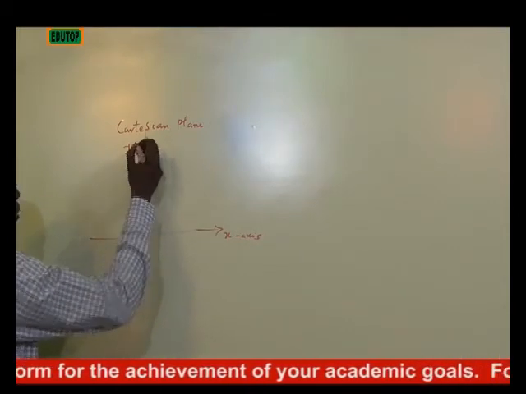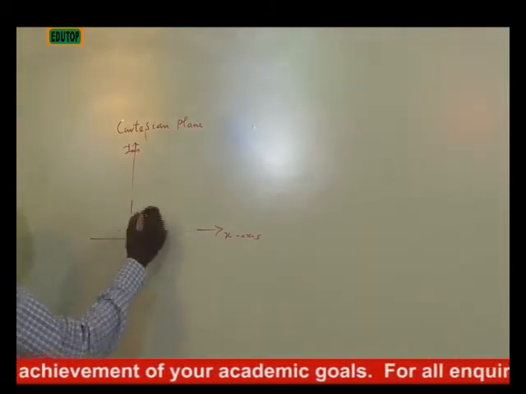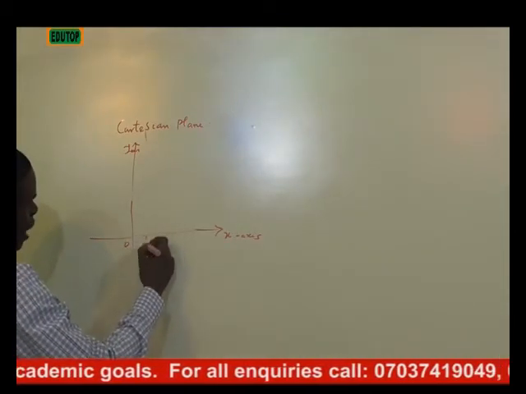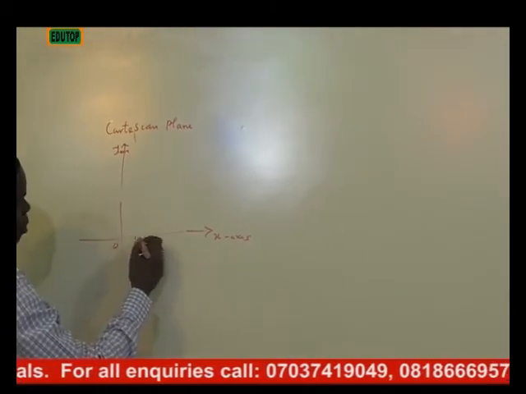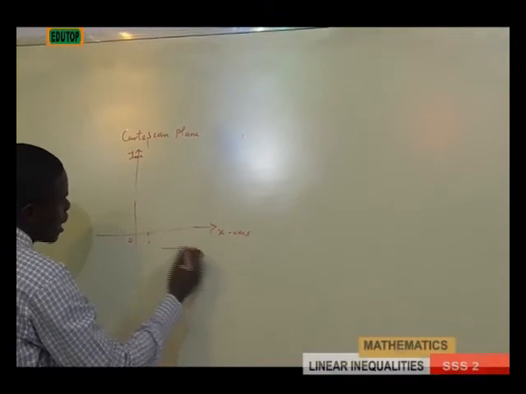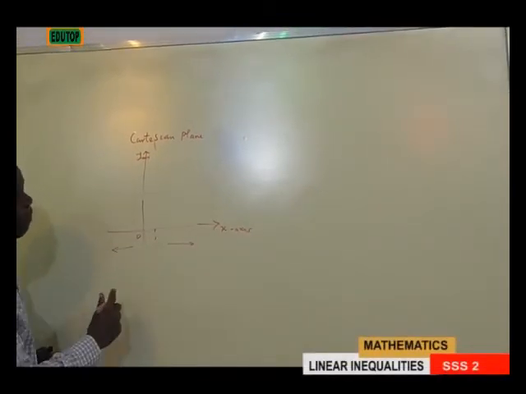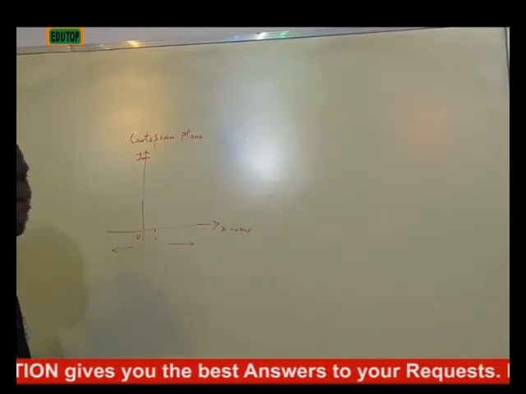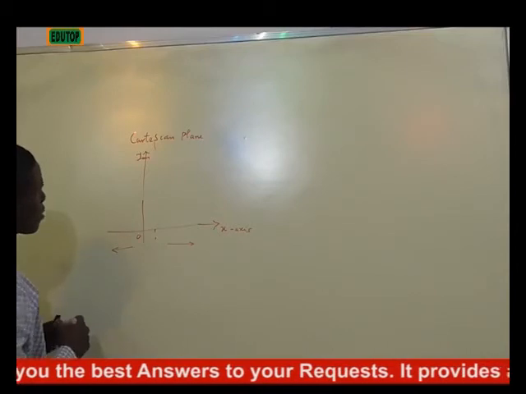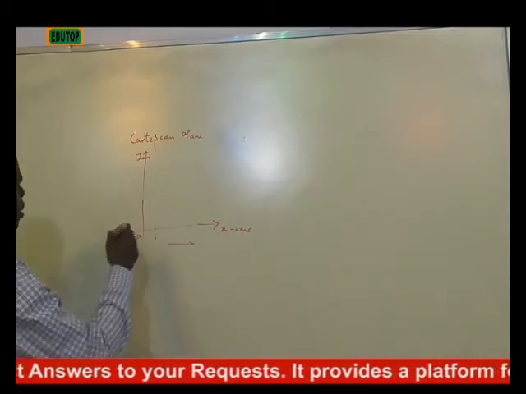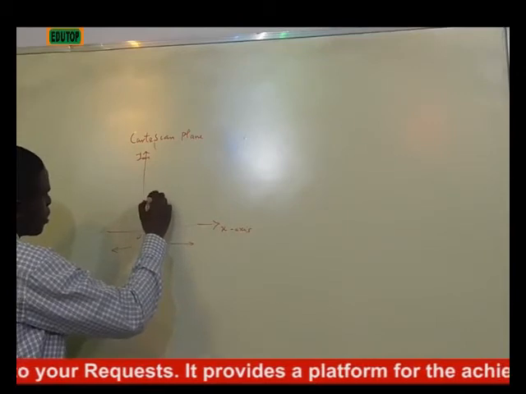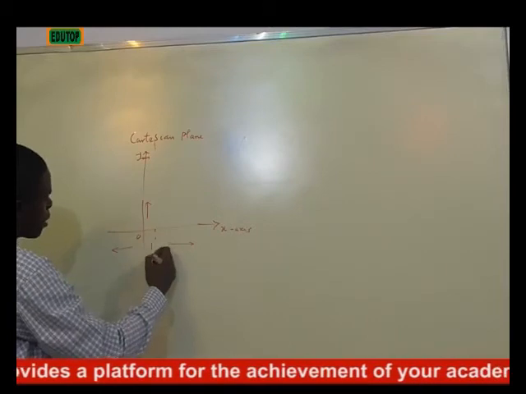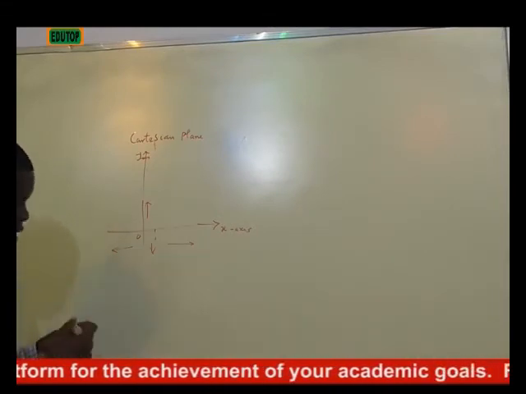This is a typical example of a Cartesian plane where the positive values of x start from this region and move towards the right hand side, while the negative values of x start from the origin and move towards the left hand side of the graph. Then for the y-axis, the positive moves towards the upper part of the graph, while the negative moves towards the downward part of the graph.